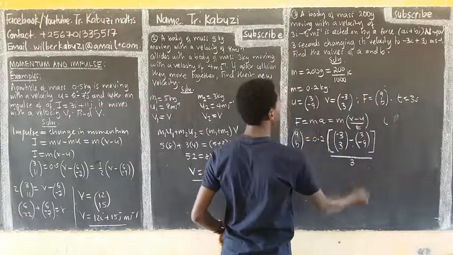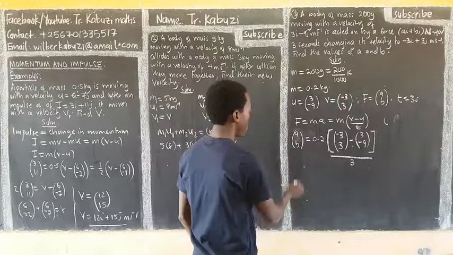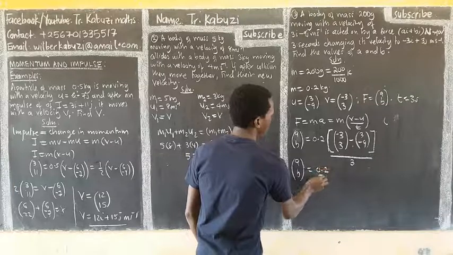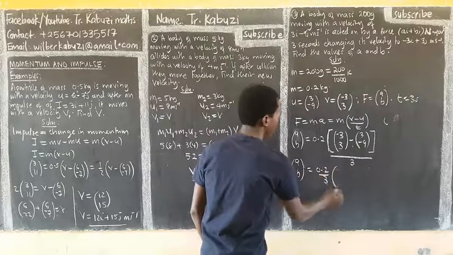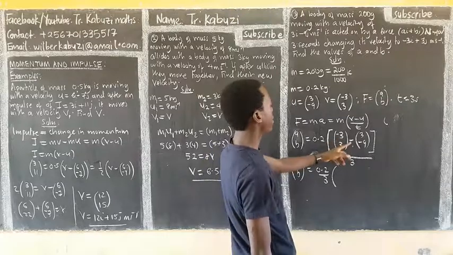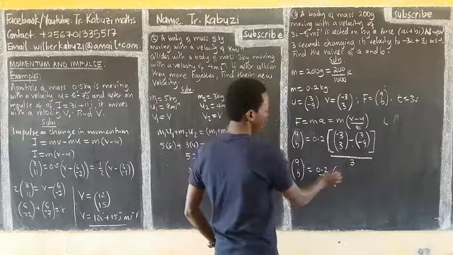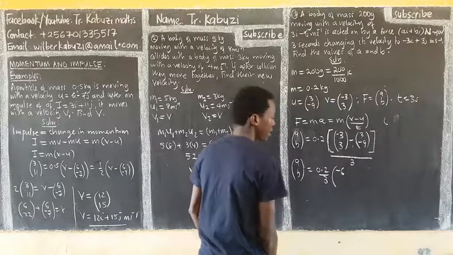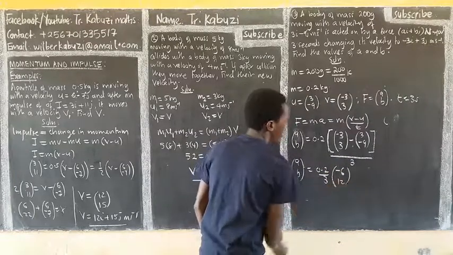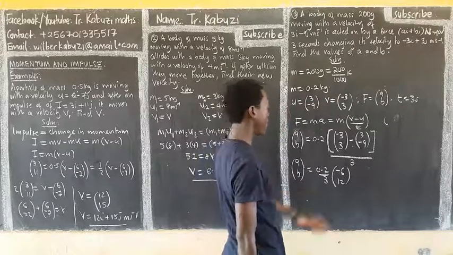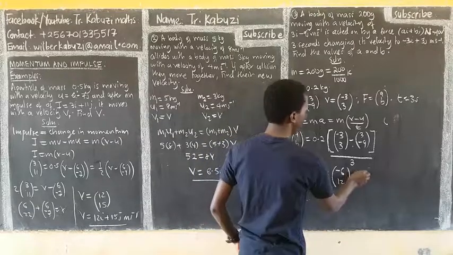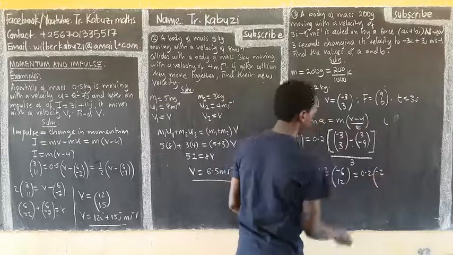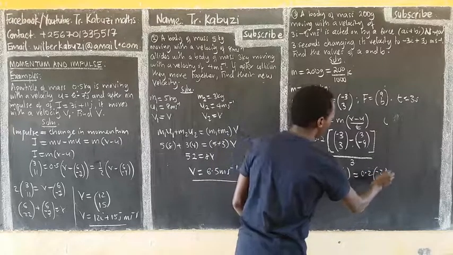So my (A, B) will be 0.2 over 3 into, let us simplify this, −3 minus 3, that will be −6, then 3 minus (−9), that will be 12. If you divide through by 3, this gives 0.2 into −2 and 4.